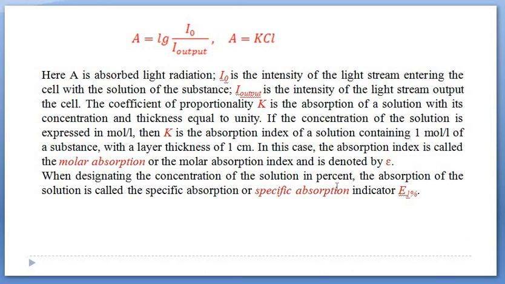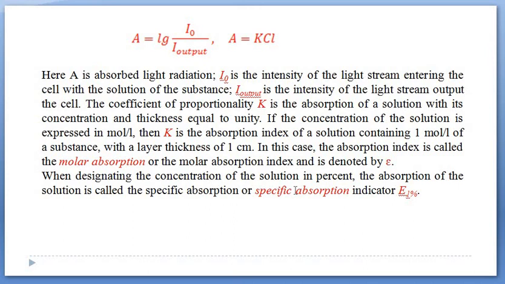If the concentration of the solution is expressed in mol per liter, then K, the coefficient of proportionality, is the absorption index of the solution containing 1 mol per liter of a substance with a layer thickness L of 1 centimeter.